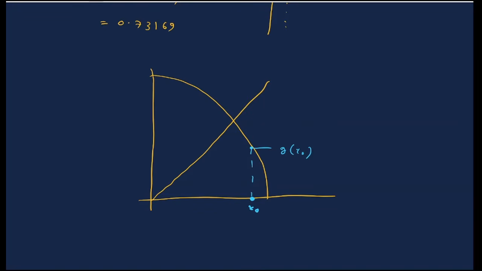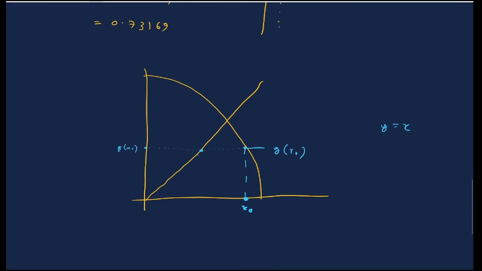How can we get to that x1? So this is the value on the y-axis, that g of x0, as the function on the right-hand side is y equals x. That means whatever value of y we got for g of x0 is our x1. Okay, so this is how we got the next point. And from x1, we calculated g of x1. So what is our g of x1 here?